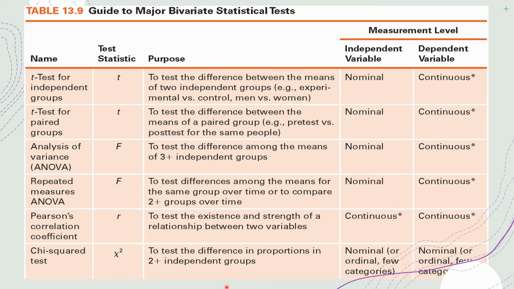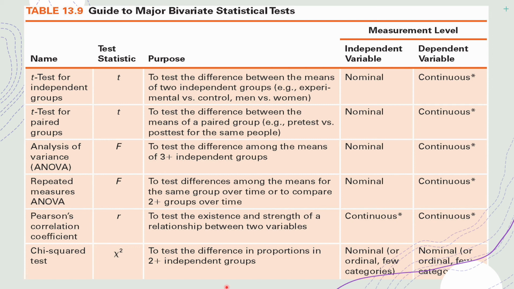The repeated measures ANOVA tests the differences among means for the same group over time or compared to two groups over time. Pearson's correlation coefficient is used to test the existence and strength of a relationship between two variables.